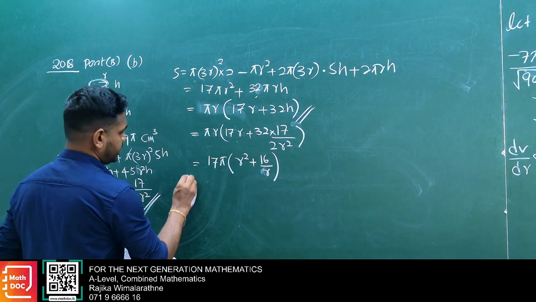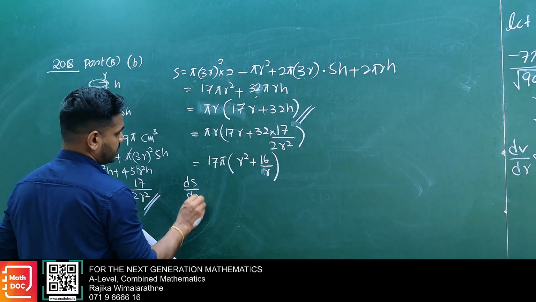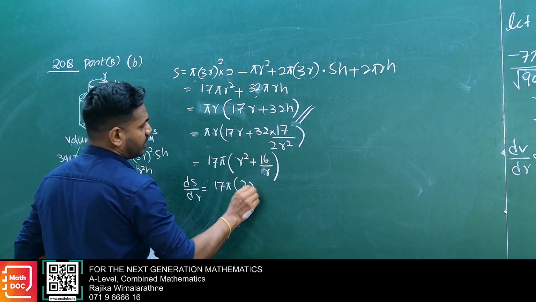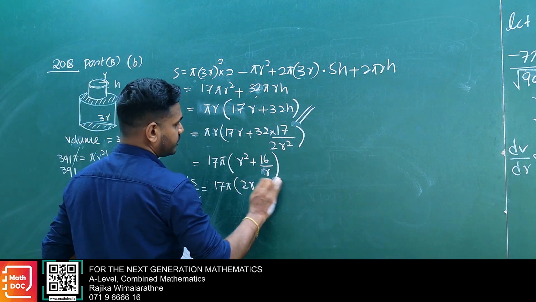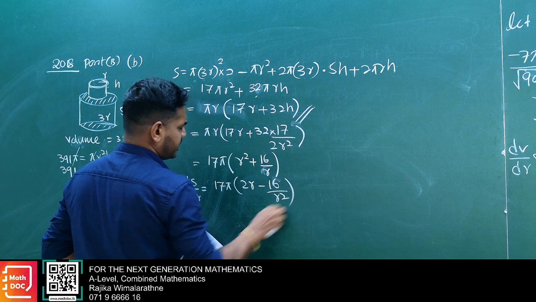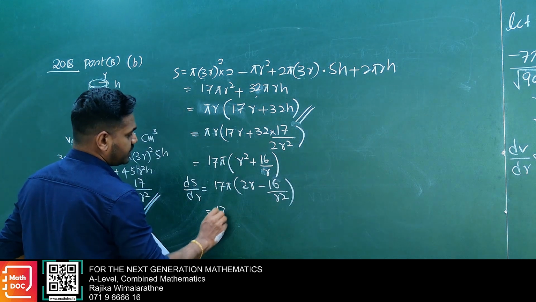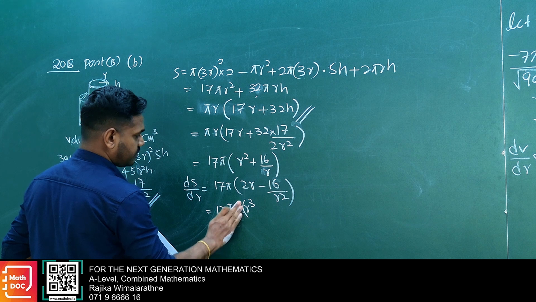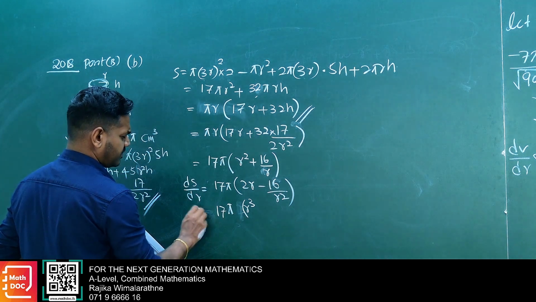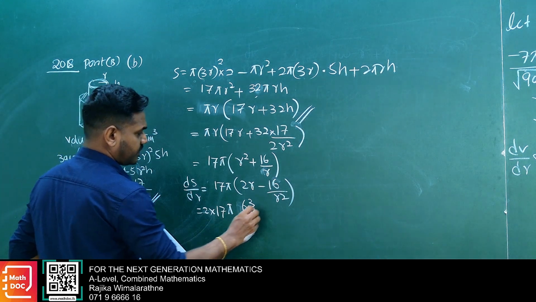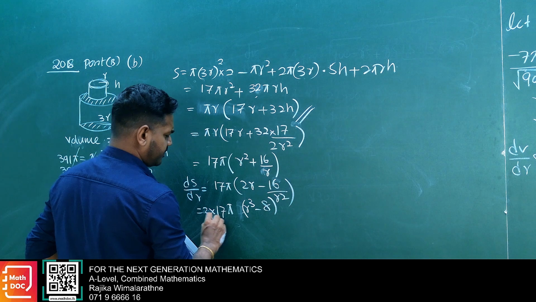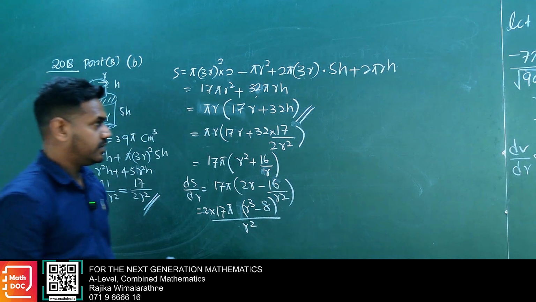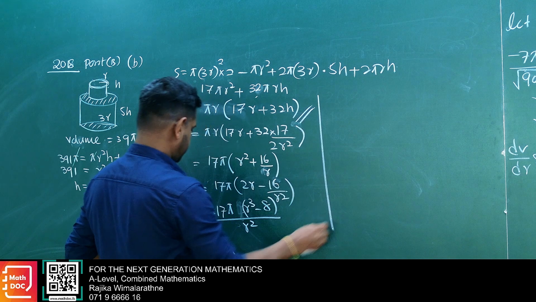Then differentiate. 17 pi, here 2r minus 16 over r squared. Simplify. 17 pi, 2 r cubed minus 8 over r squared. Now we can further proceed.